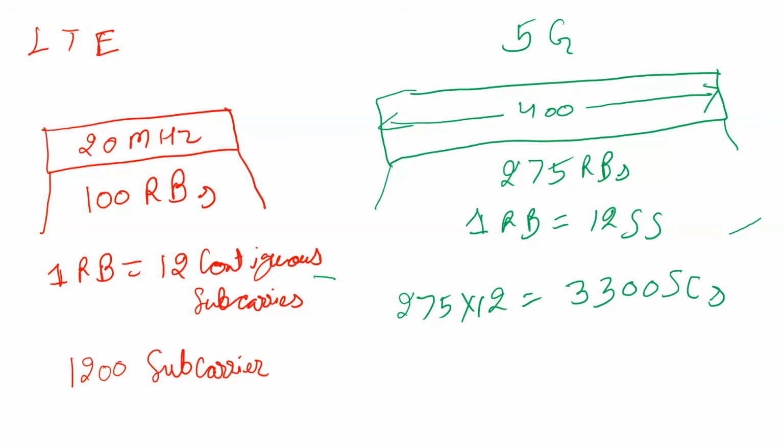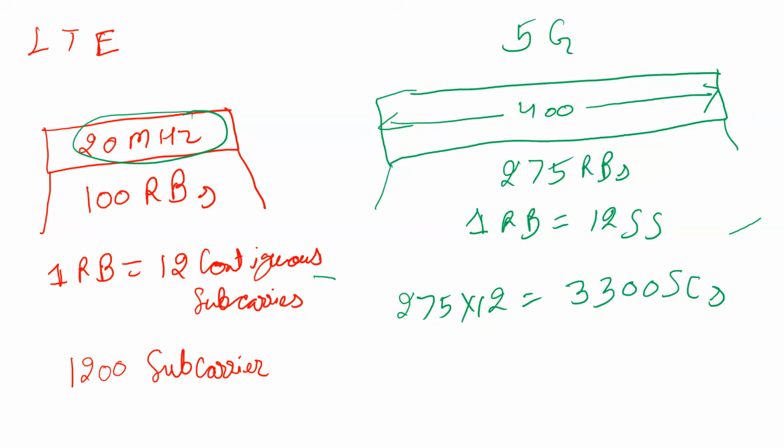Again, in case of LTE, we have 20 megahertz of bandwidth, and this bandwidth is managed by a scheduler. We can give 100 RBs to 100 different users or 100 RBs to one user. That is the work of a scheduler. Then we get into 5G.